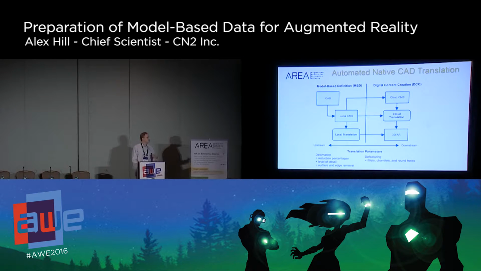So there are companies that focus on translation tools, Okino is an example, Spatial from Dassault. These companies focus on tools that accurately translate from native representations of CAD data into DCC formats. There are several ways you can do this. You can transfer your data to a cloud CMS and do the translation there.